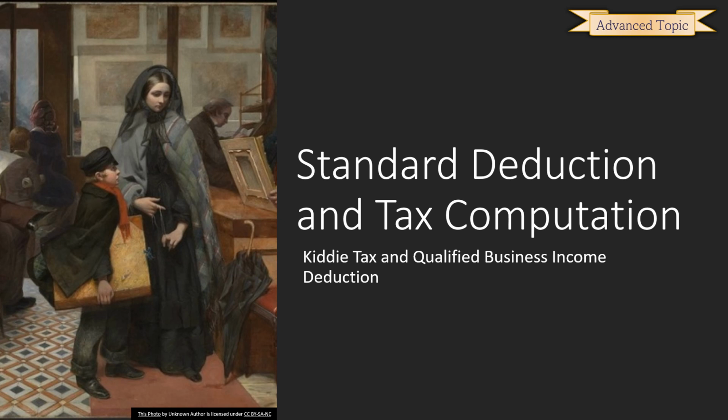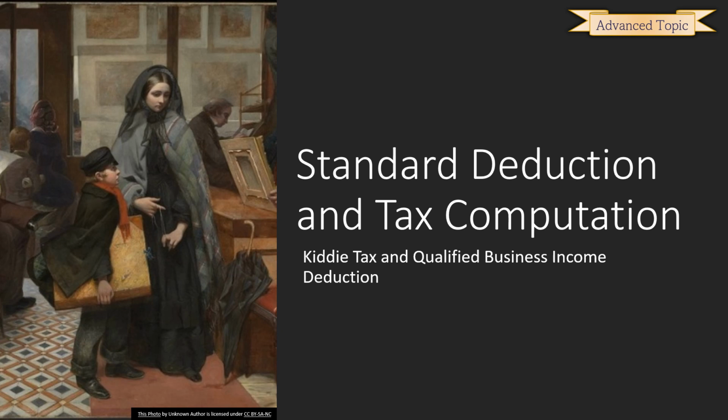Today we are going to be delving a little bit deeper into the standard deduction and tax computation lesson. We're going to be going beyond just talking about the standard deduction and how TaxSlayer calculates the tax based on the IRS tax tables, which is what we focused mostly on in our basic lesson.